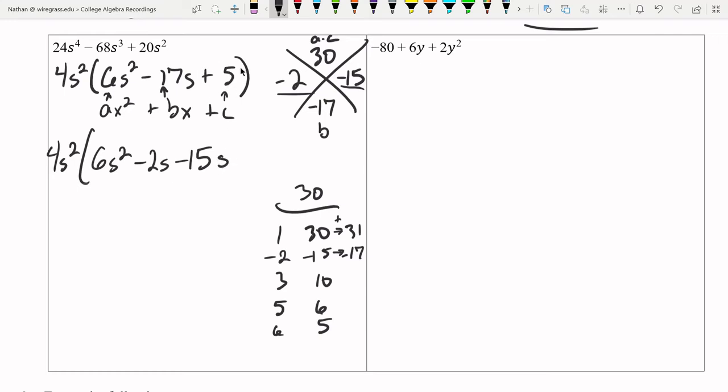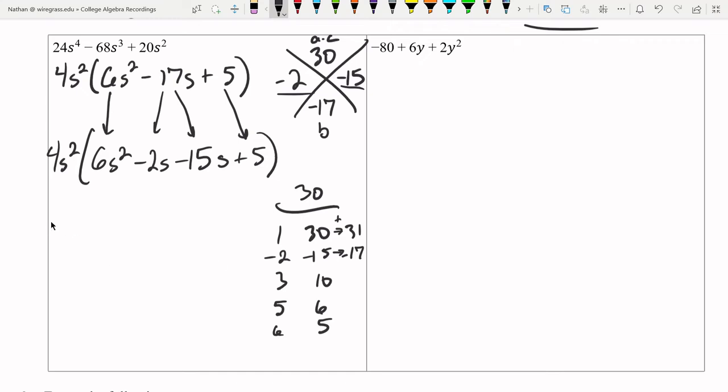And then bring down the positive 5. And so essentially all I've done is I've brought down this first term, broken up this middle term into two special numbers, and then brought down this next term. I have not changed anything. I've just rewritten it in a form that's actually easier to work with.